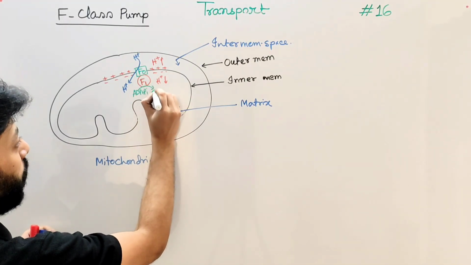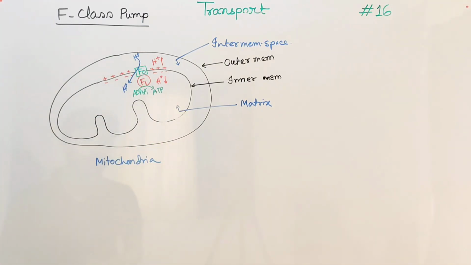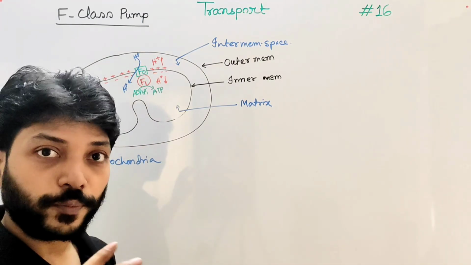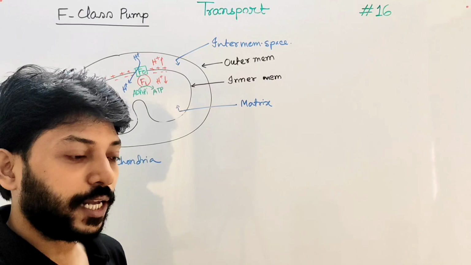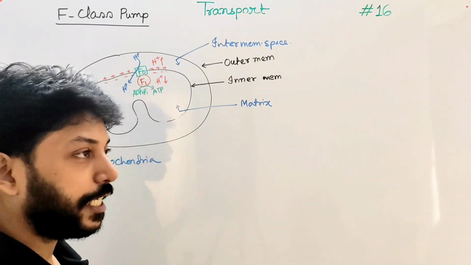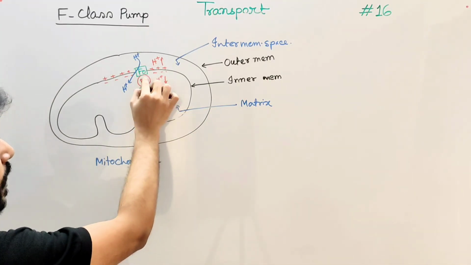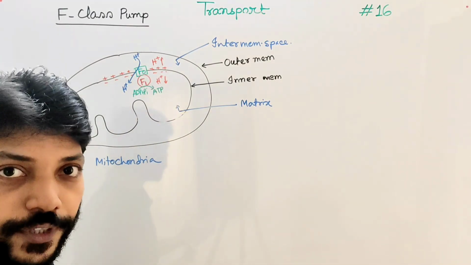It makes ATP. Now I want to mention the names of two scientists. One is Humberto Fernandez Moran, who discovered in 1960 that there is a stalk-like structure and a sphere-like structure. Together we call it F class pump.